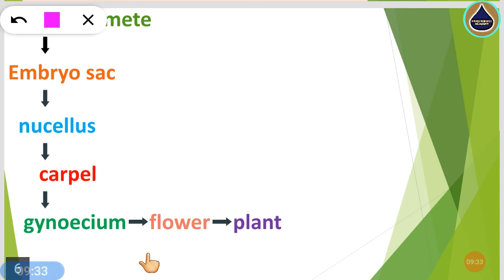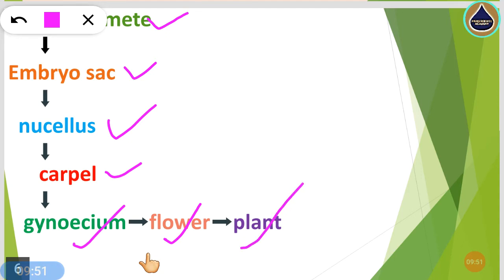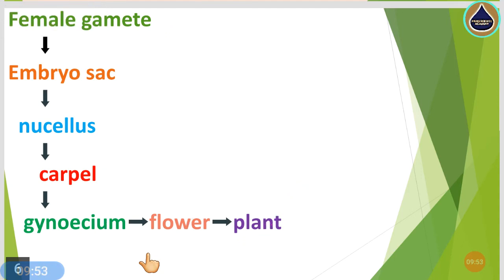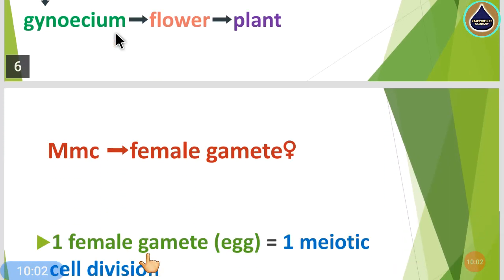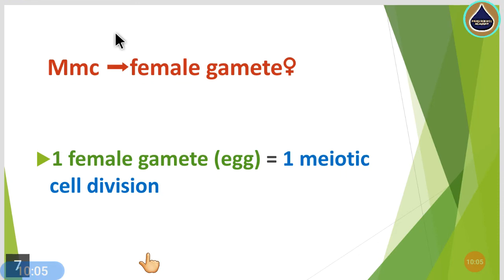So likewise, the female gamete, the egg, is found in the embryo sac, which is part of the nucellus, which is part of the carpel, the single unit of the gynoecium, which is the female part of the flower, and the flower is part of the plant. So likewise, the other requirement other than the male gamete is a female gamete, and I have tried to explain about this female gamete in this lecture.